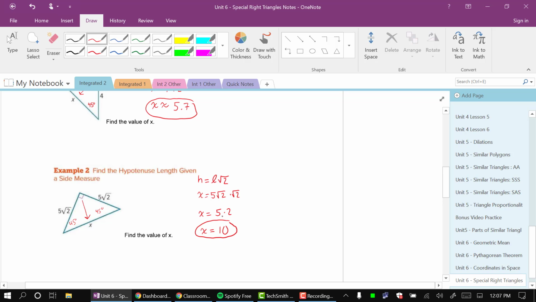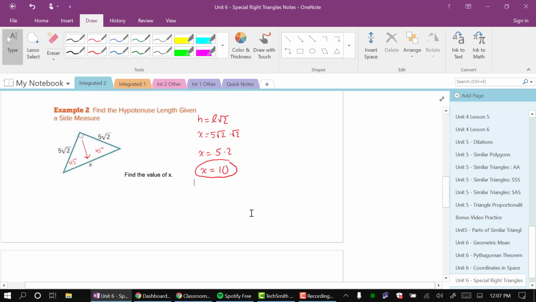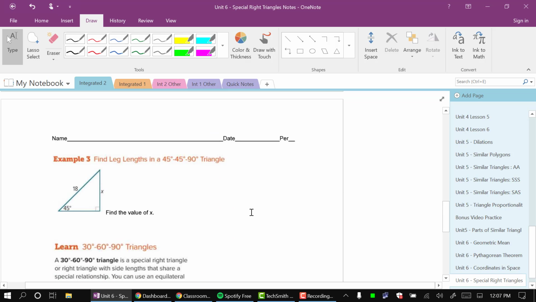Let's take a look at example 3. Find the leg length in the 45-45-90 triangle. Again, this is 45 and this is our right angle, so this is also going to be 45 degrees.